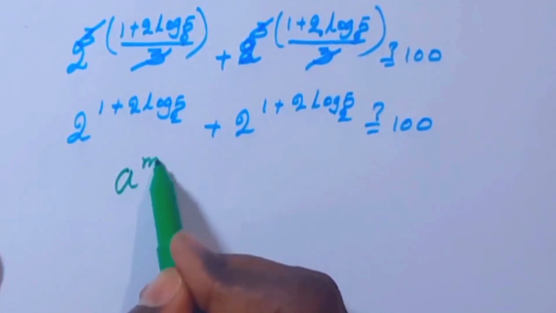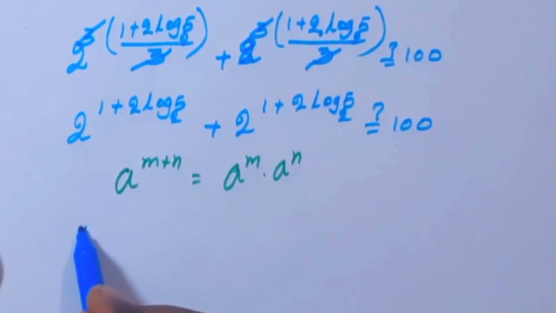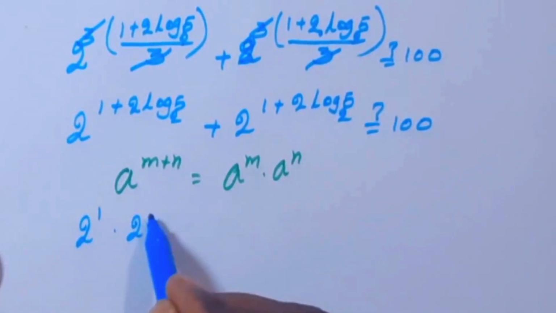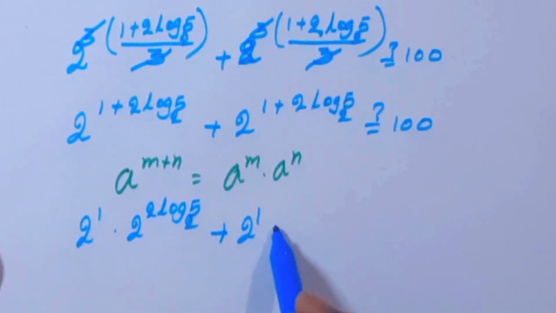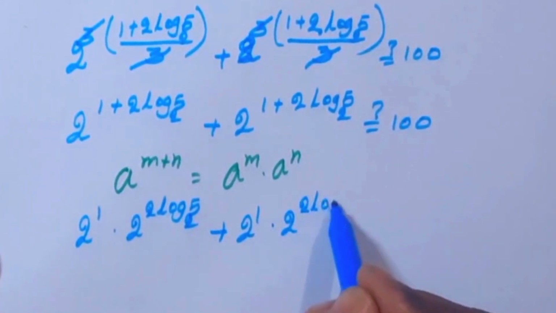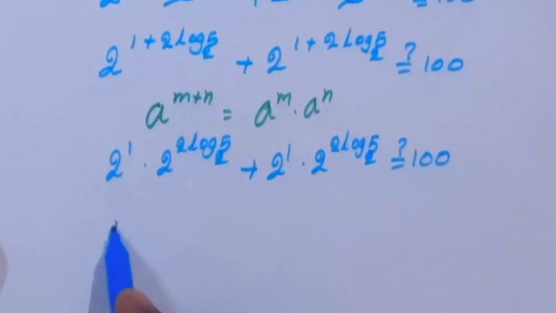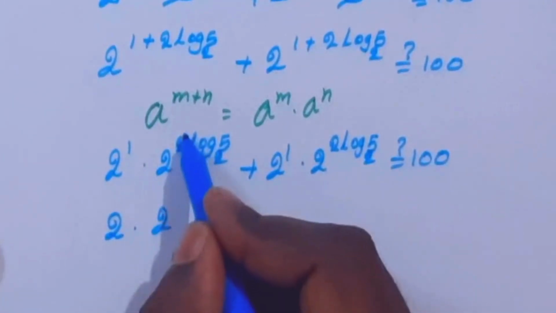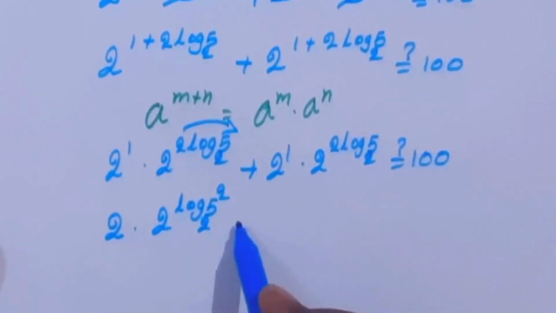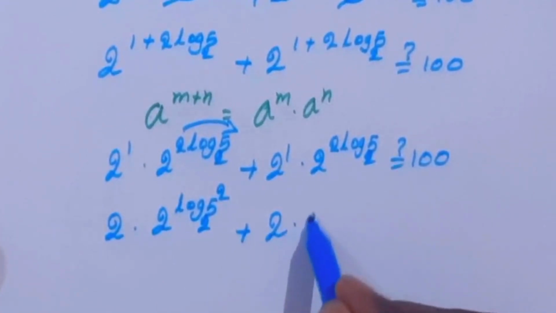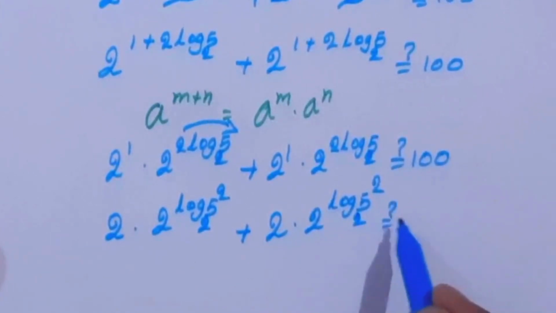A power m plus n equal to a power m into a power n. 2 power 1 times 2 power 2 log 5 base 2 plus 2 power 1 times 2 power 2 log 5 base 2 equal to 100. 2 times 2 power, this 2 can come here, so log 5 square base 2, plus 2 times 2 power log 5 power 2 base 2, equal to 100.